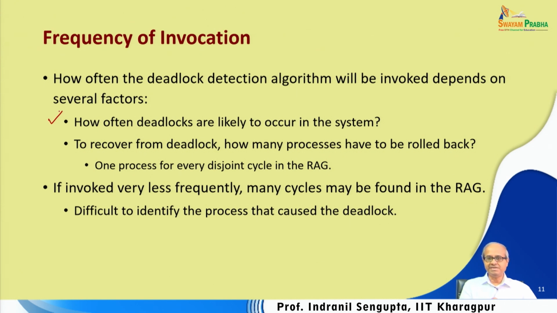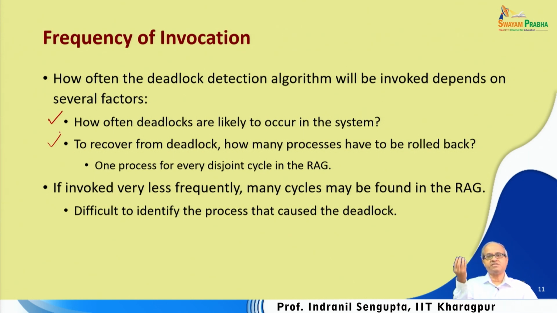Secondly, for recovering from deadlock, the only method is that some of the processes have to be rolled back or killed. In the earlier example we saw 3 processes involved in a cycle.